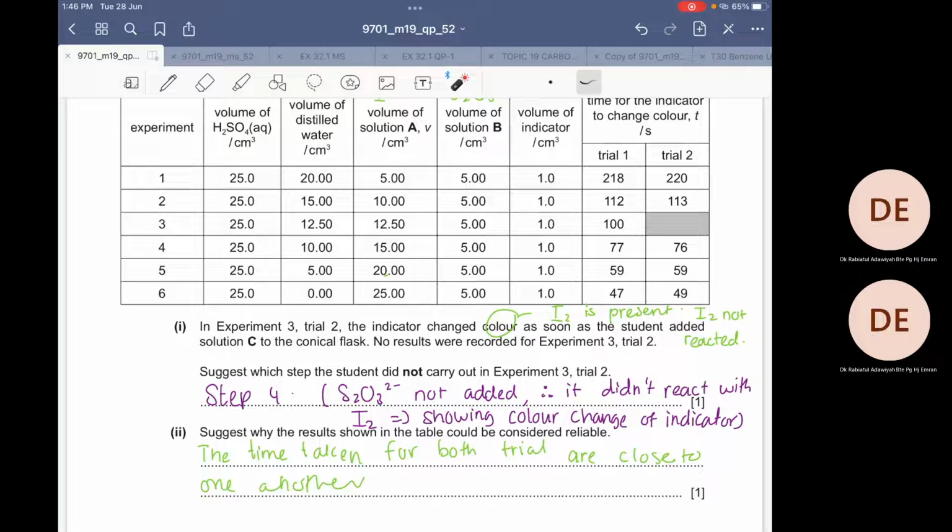So if you read the volume on a Burette, how does it go? 25.00, 25.10, 25.20, 25.30. So what's the smallest division here? 0.1. It's not easy to visualize because you don't have the apparatus with you.